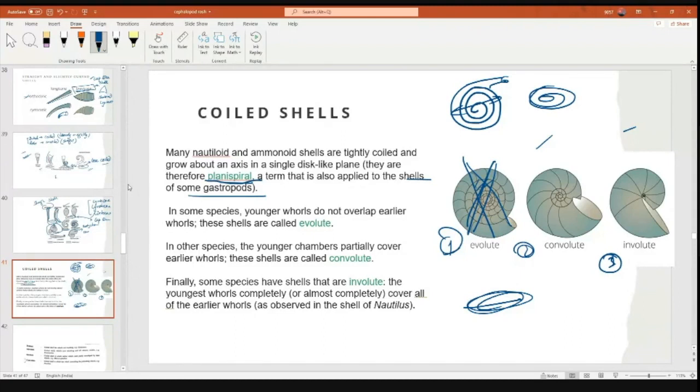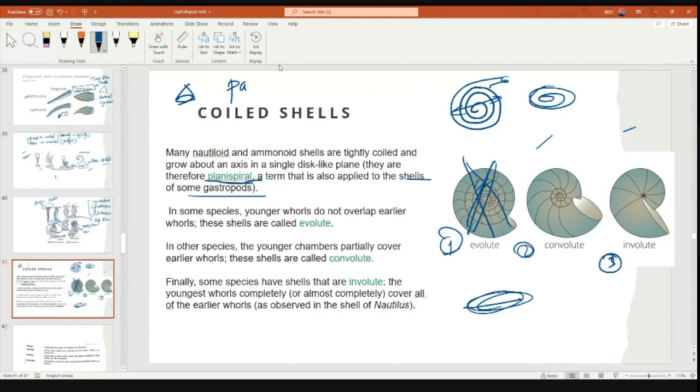Again, I'm asking the same question. Tell me any genus of gastropod which is uncoiled. I already asked this question. Yes ma'am. Remember that one which is also cap shaped.